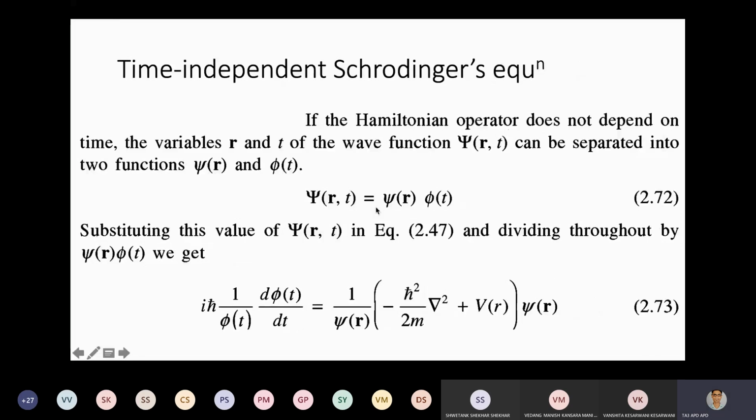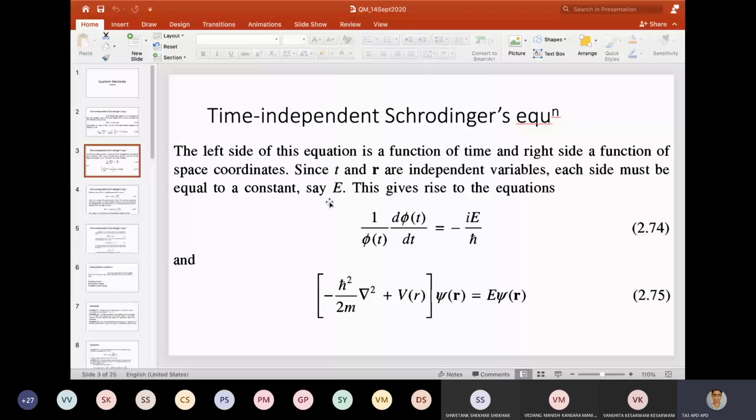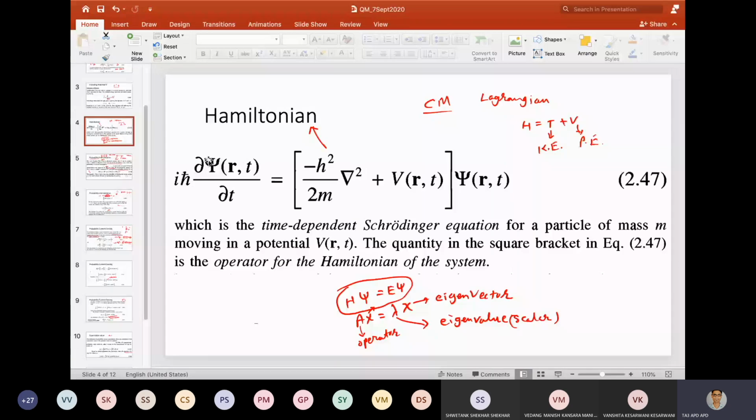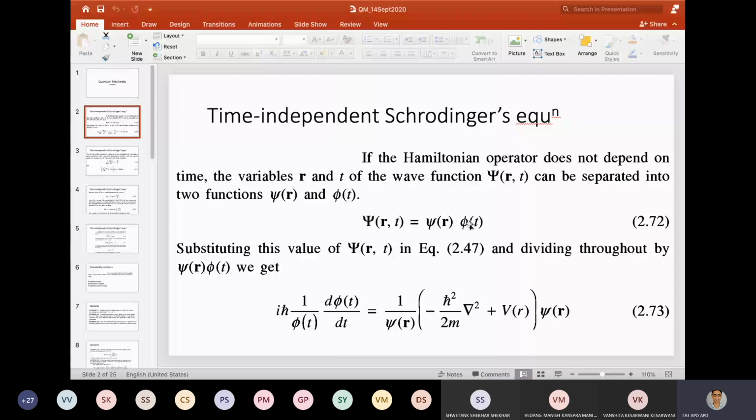Yeah, so in this equation, what we want to do is substitute psi(r,t) equal to this function psi and phi, two separate functions. So let me do this in a separate sheet.